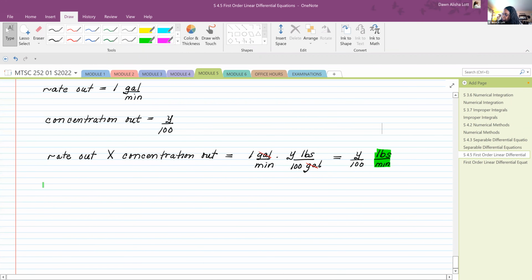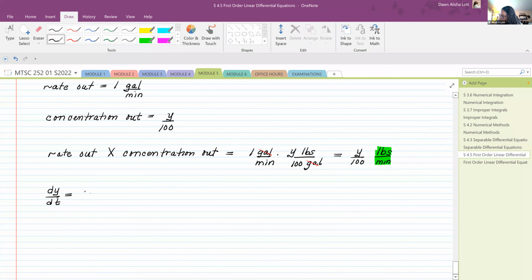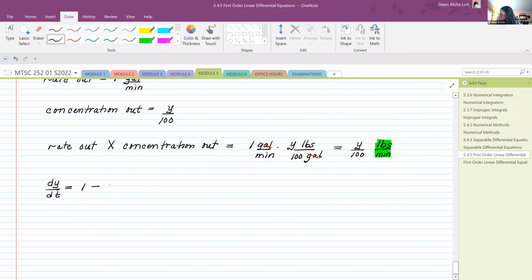So dy dt is going to equal the rate in times the concentration in, we said that was 1 pound, minus the rate out times the concentration out, which is y over 100.